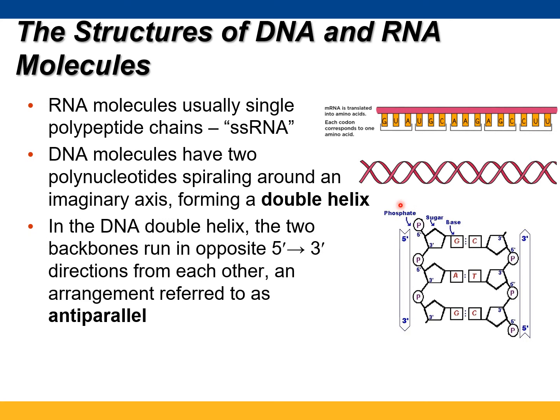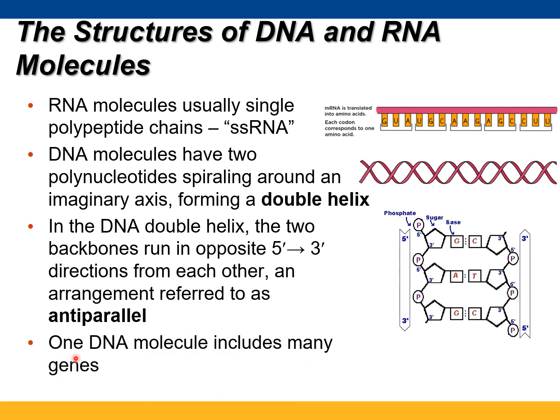That is to say, if we're going 5' to 3' down one strand, let's say this is the 5' end of this strand, and we're heading to 3' down at the end here, the other strand is going from 5' to 3' this time with 5' here, going down the strand like that to 3'. So you'd have a 5' end on one strand and a 3' end on the other close together. That's what we mean by anti-parallel. And one DNA molecule usually includes many, many genes.